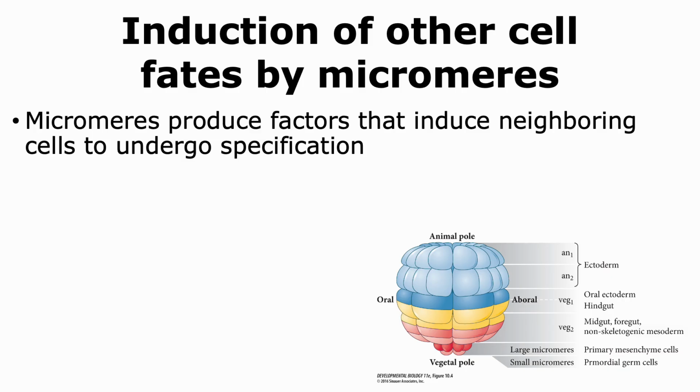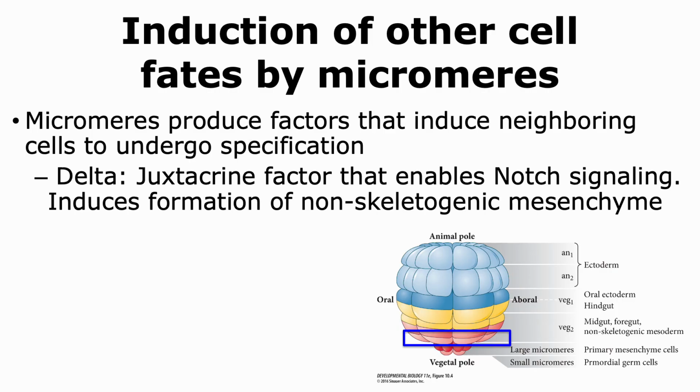Let us look at how these large micromeres that are shown in dark red induce cell fates in their neighboring cells. This is normally accomplished through paracrine and juxtacrine signaling. The large micromeres are known to express the protein delta, which is a membrane protein.